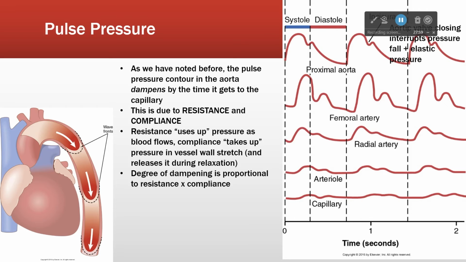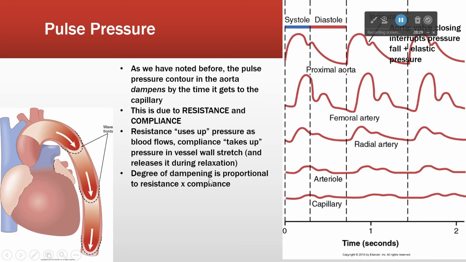By the time we get to the radial artery, that strong up and strong down has been squished a little. So it's a little less strong up and a little less strong down. We call that a dampening effect. So radial artery versus proximal aorta, we see the amplitude, in other words, the size of the pulse, is smaller, and the distance between the top and the bottom is smaller all the way across.